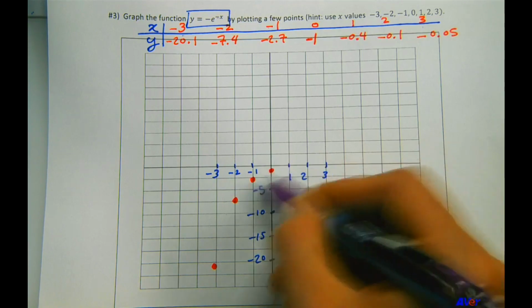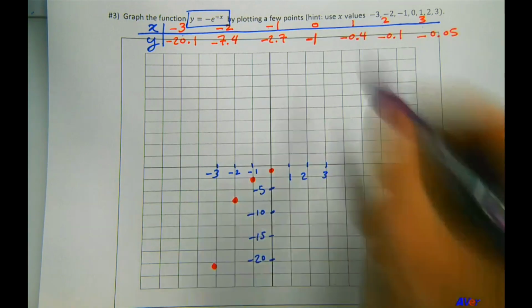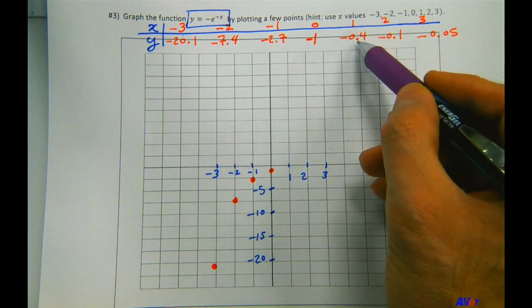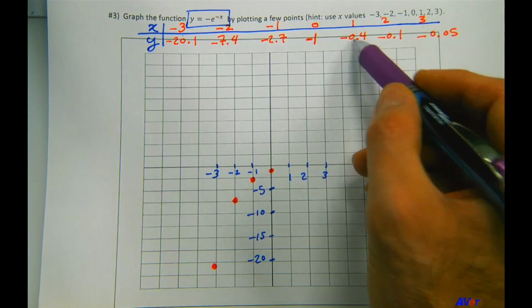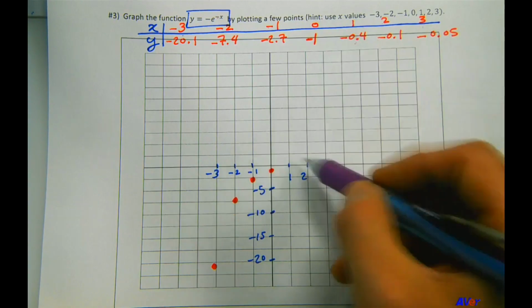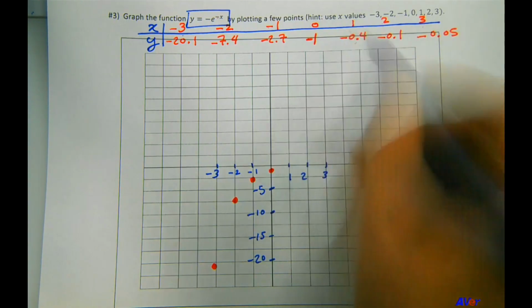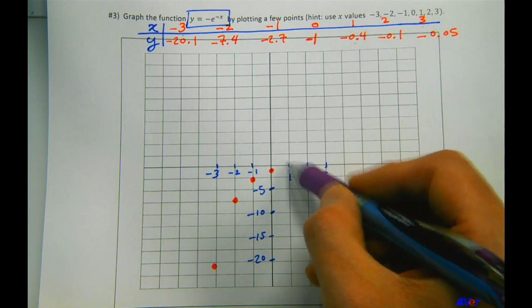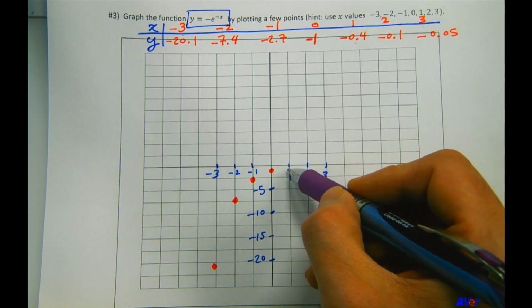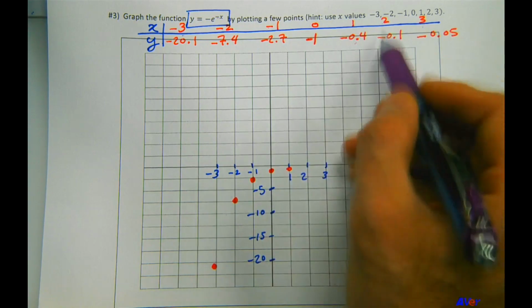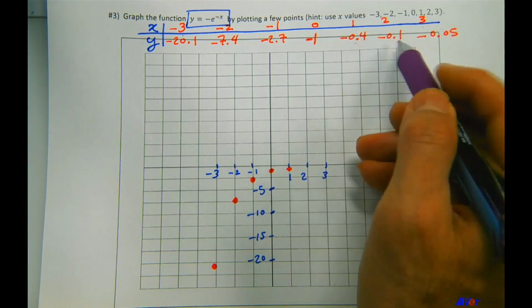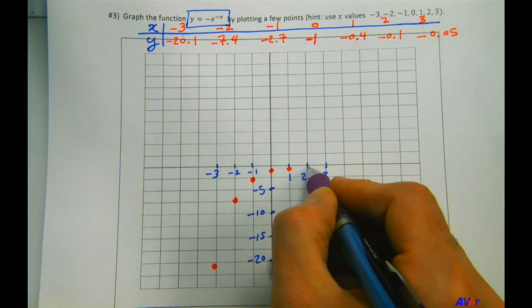You can already see a pattern emerging. 1 comma negative 0.4. Negative 0.4 is the y value. So 1 comma negative 0.4 is somewhere here, very close to the x-axis. 2 comma negative 0.1 is even closer to the x-axis.